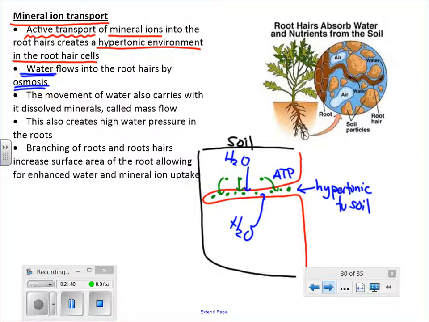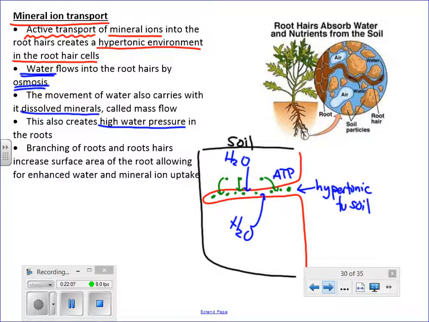Now, as the water flows into the root, it's not just going to move all by itself. It's going to carry those dissolved minerals with it as it moves through the root up the xylem. The other thing that happens is high water pressure in the roots.